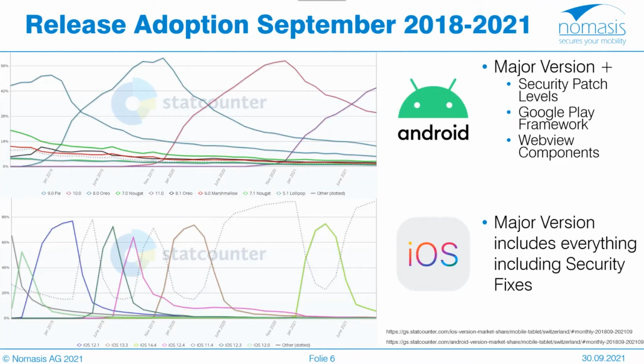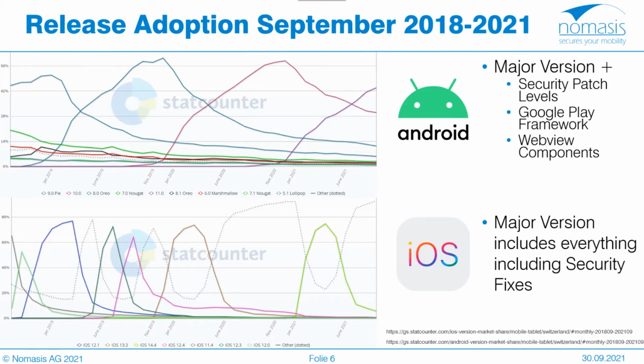This device is now more than 5 years old and still gets the newest version. Regarding release adoption, I quickly pulled up statistics from StatCounter. This is a company that sells a service for your websites to analyze the traffic, and they also aggregate this data for us to look at.